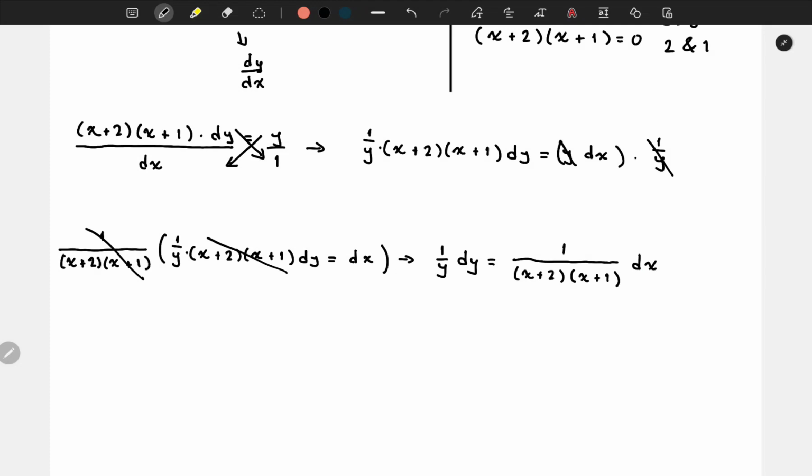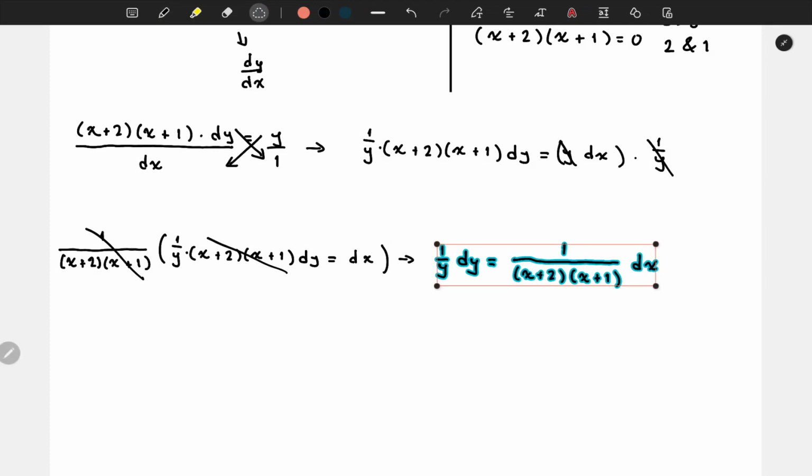We want to make sure that the dy and the dx are not in the denominator, because if they are, we won't be able to proceed with the next step.